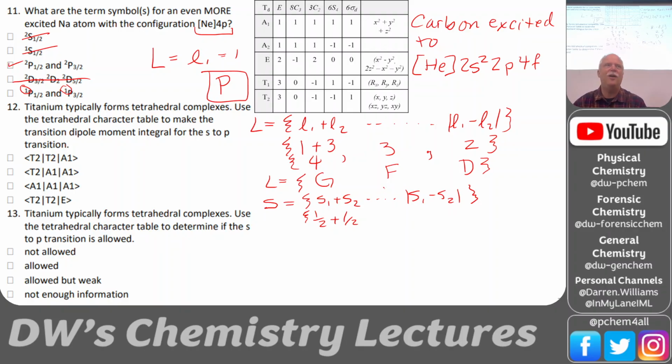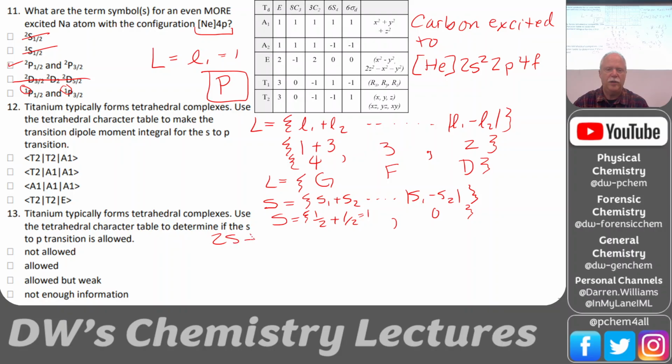These are the spin quantum numbers on my electrons. And so we're going to start with both of them up, and then we'll let the Clebsch-Gordan series determine them. When one's up and one's down, then they cancel out. And that's what the minus part is. So this is going to be 1, and this is going to be 0. So this is equal to 1 and 0. So when you subtract 1 from 1, you get 0. So there's only 2 terms here. Okay. So that's capital S.